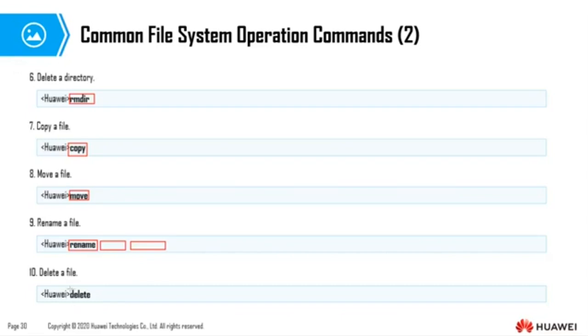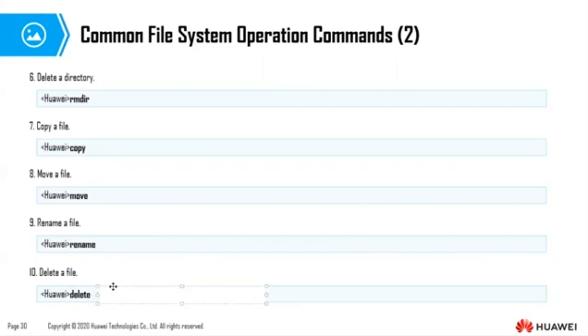Then you have delete, then the name of the file you want to delete together with the extension of that particular file. So delete really is used to delete a file. Now, when you delete a file, just like in other operating systems, it goes to what you call the recycle bin.